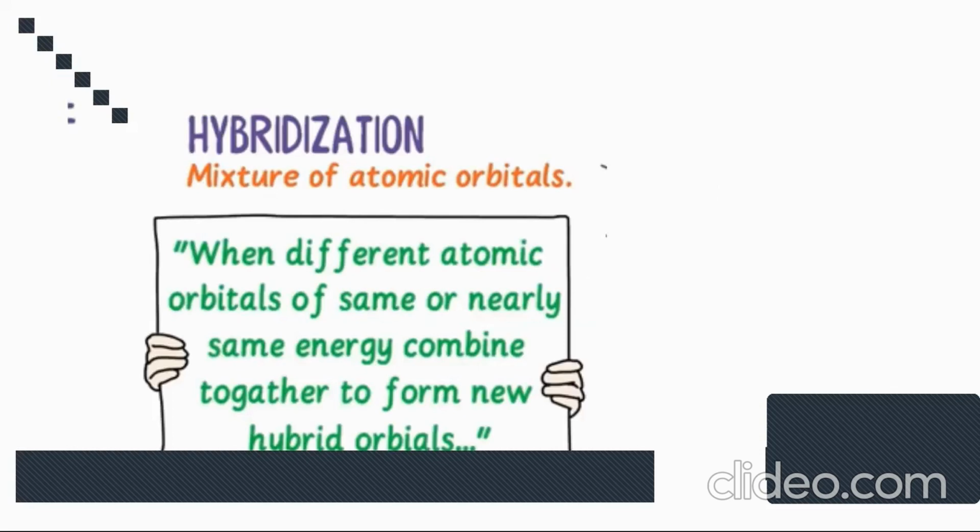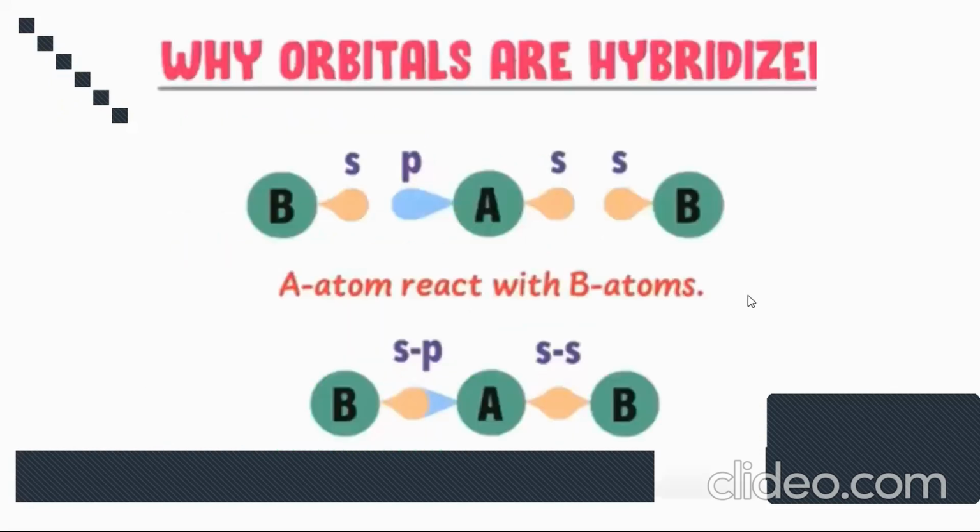Those should be at the same energy levels. You should not take s and d orbitals together. They combine together to form new hybrid orbitals. Why are they going to combine? Atom A reacts with atom B, like this they combine.